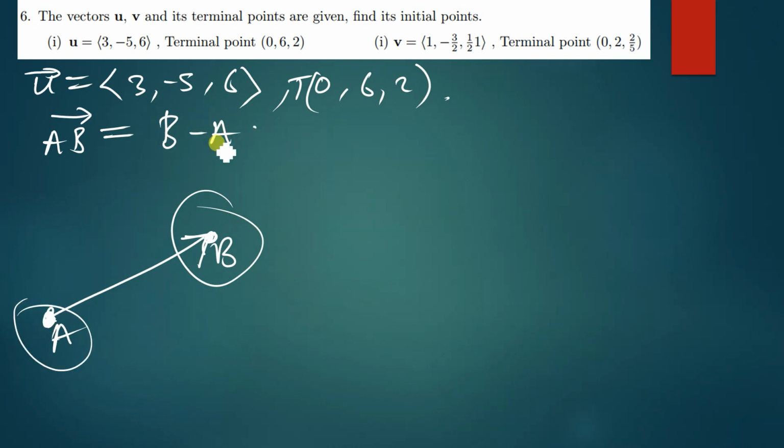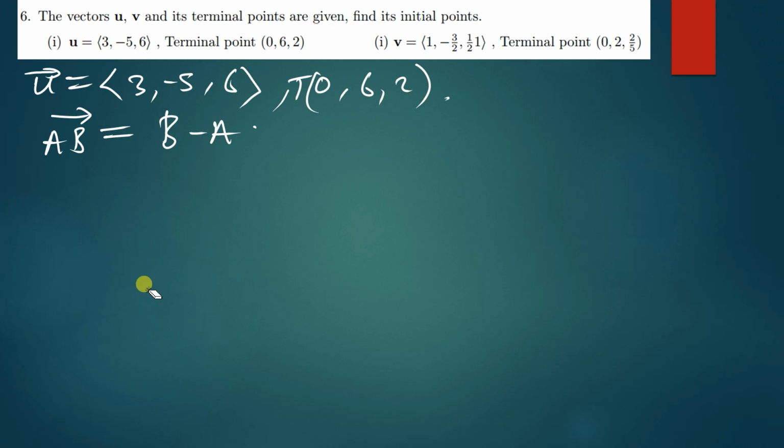So this is what we are going to use to find the vector u. The terminal is simply the head, and the initial is the tail. So to find this vector, the vector u is simply going to be equal to the terminal minus the initial.